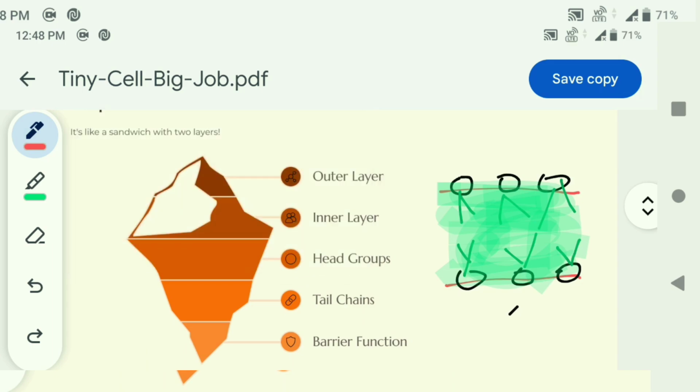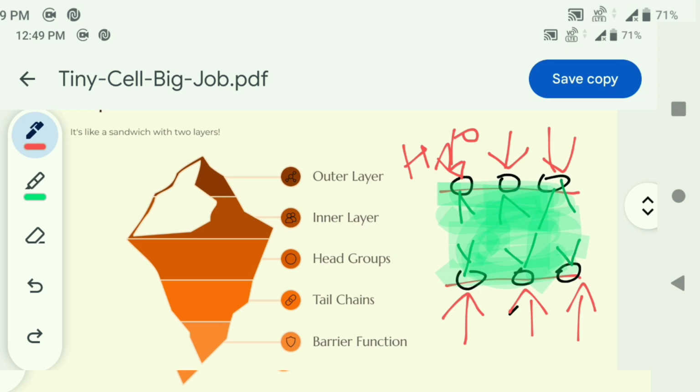The thing is that these heads are polar, means these heads love water. Yeah, H2O. These heads love water.